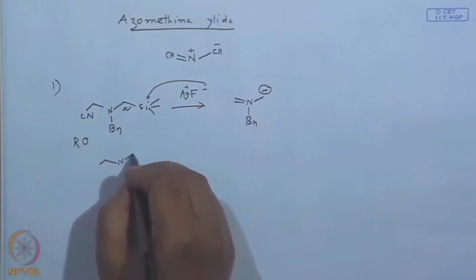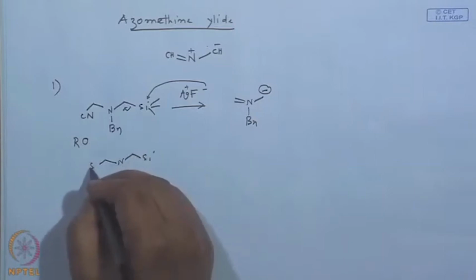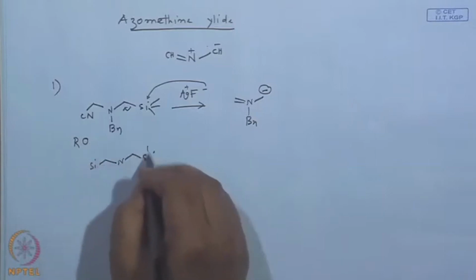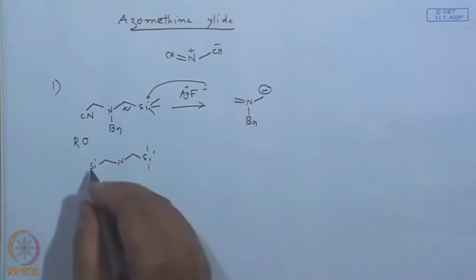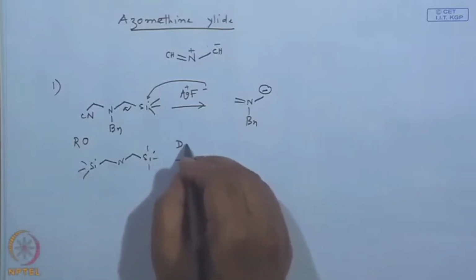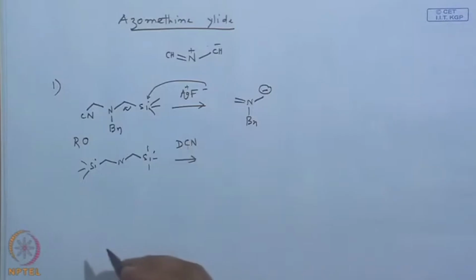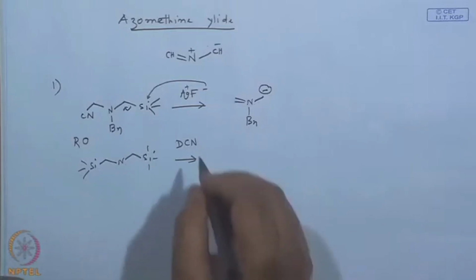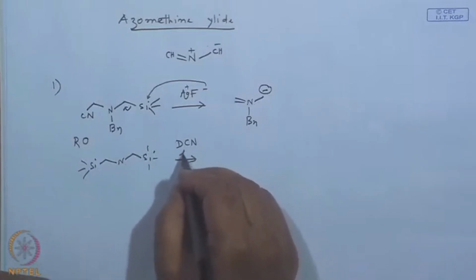You can have two silicons around this nitrogen, and that requires, however, photolytic reactions. DCN, dicyanonaphthalene, 1,4-dicyanonaphthalene, and then light.